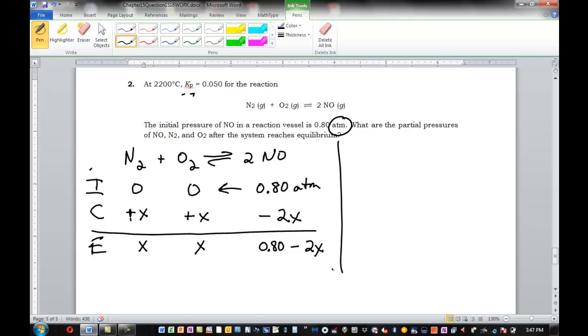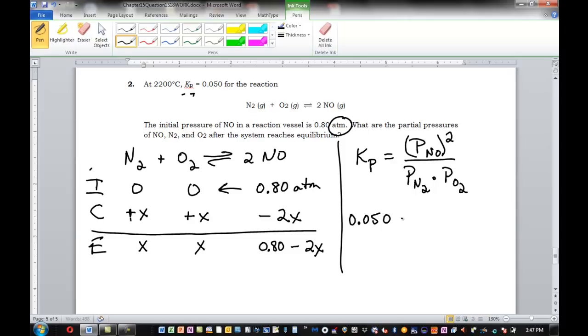They're all going to be a little bit different depending on coefficients and what your starting amounts are, but the concept of setting that up is really crucial. Now we can write our Kp expression. The only difference between Kp and Kc is our unit of concentration: pressure of NO squared. We still have to raise to the power of the coefficient, over pressure of N2 times pressure of O2. Plug in.